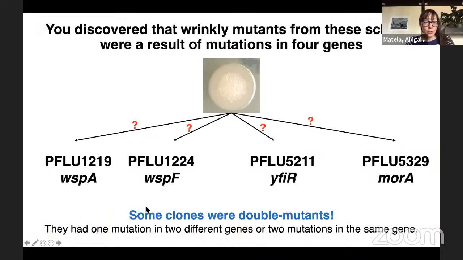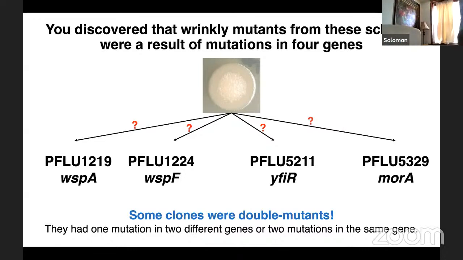What you should have found is either 1 or maybe 2 mutations that occurred in one of these 4 genes: either WISP-A, WISP-F, YFIR, or MOR-A. And some clones were double mutants, so they either had a mutation in 2 different genes or had 2 mutations in the same gene.